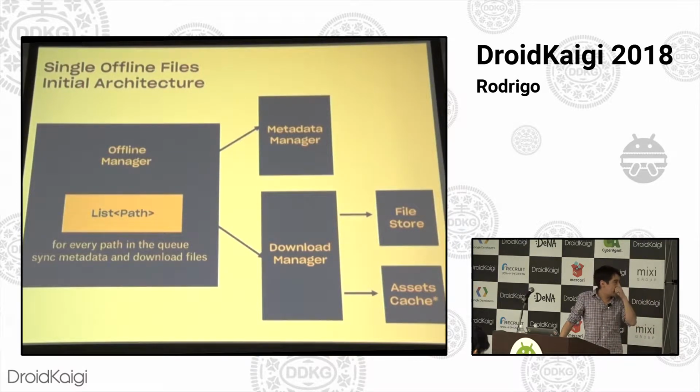This is the initial architecture of offline files. Basically, you have a list and a path, and then you walk down that queue. You store that information in the metadata manager and in the download manager, and we have a file store and an assets cache. You might notice that I have a little star there. It says cache. Elements in the cache can be evicted, and we don't want that for offline files.